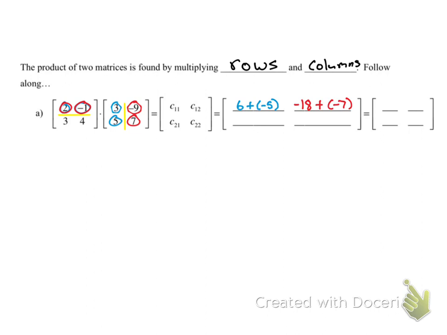Now bottom left, I'm going to do second row, first column. So I'll do 3 times 3, gives me 9, plus 4 times 5 gives me 20.